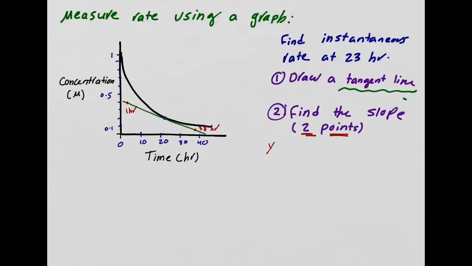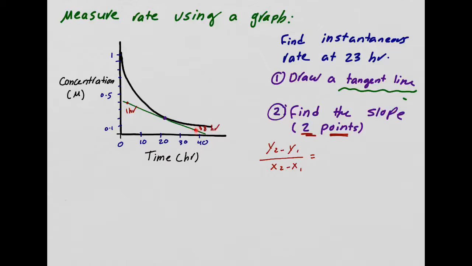It would be y2 minus y1 over x2 minus x1. That would be the slope. Okay, now let's go over here. Again, this is not the best graph because I'm just doing this on a whiteboard, but you get the idea. So the y is the concentration, and the x is the time.